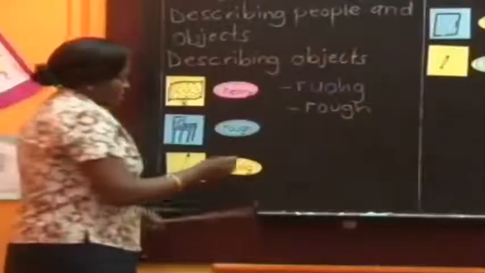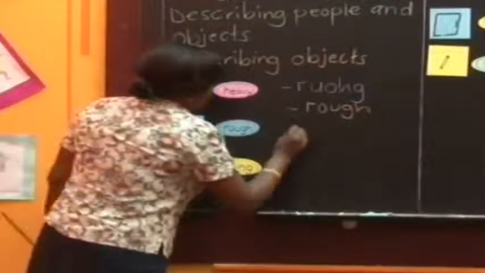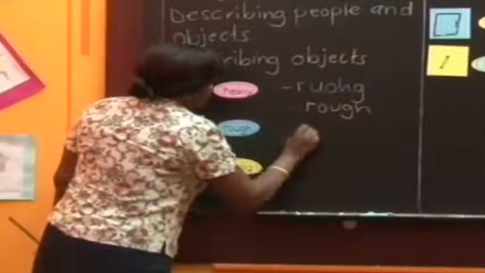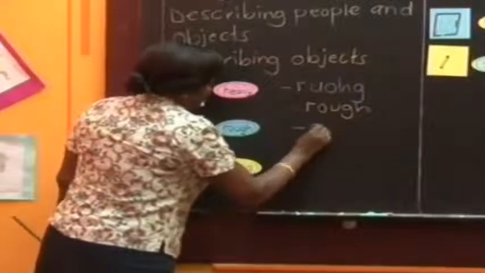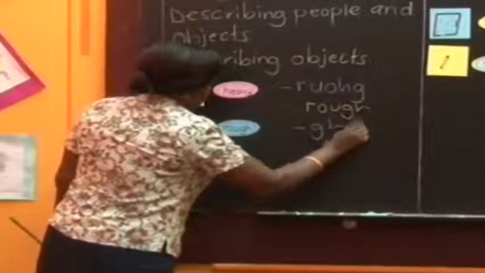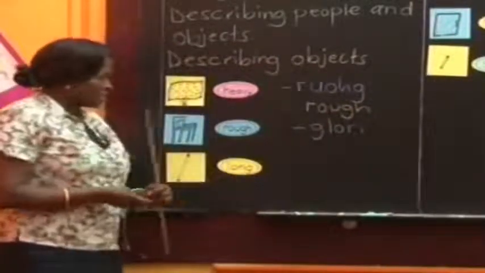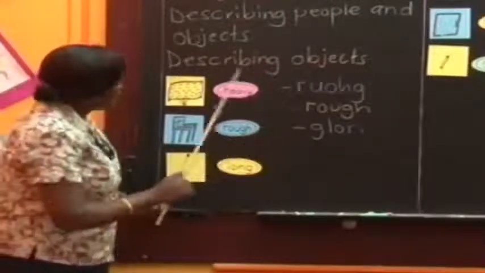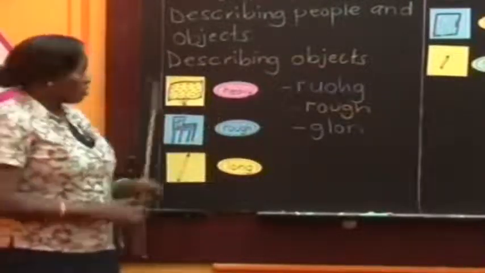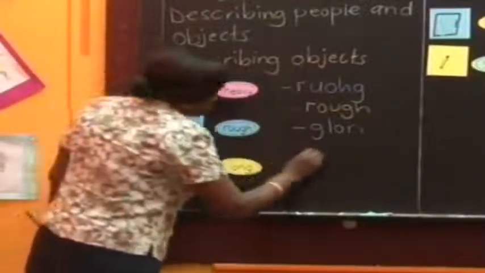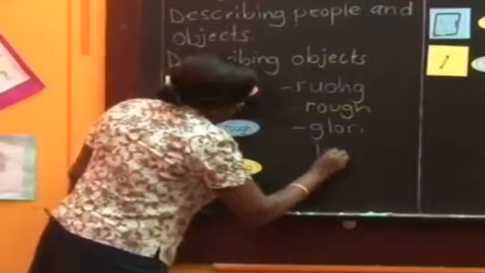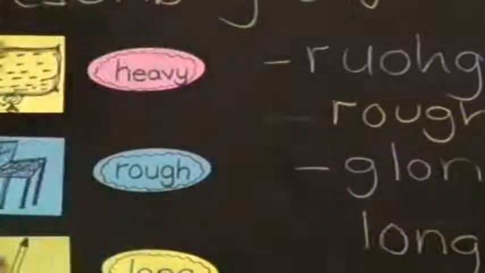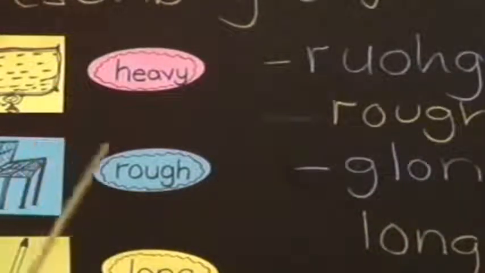Let's get another word. Our next word stands the way you see it there. Which word are we trying to spell from what we have looked at? Of course, you know we are trying to spell the word long. We are learning the spelling of our adjective words.